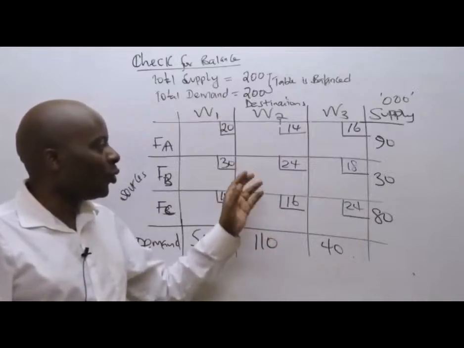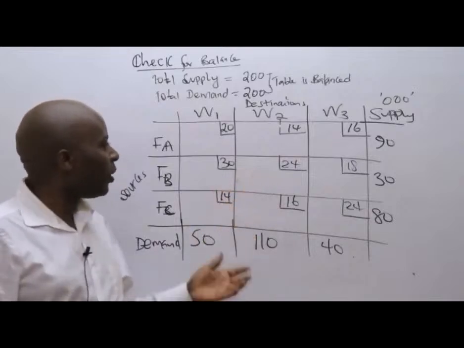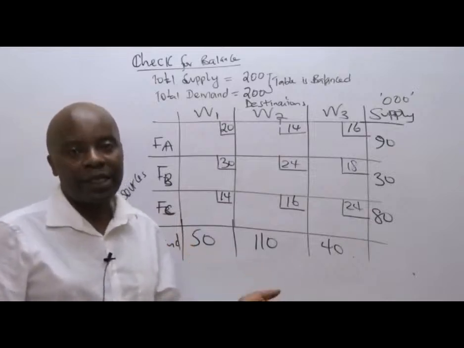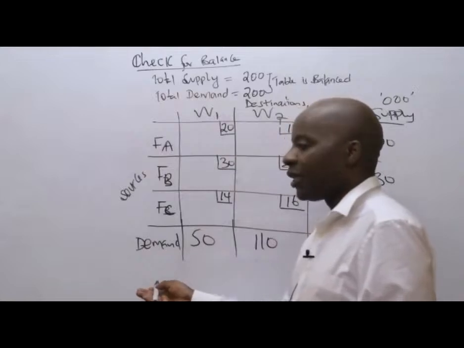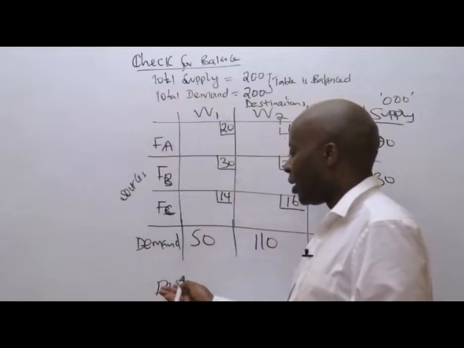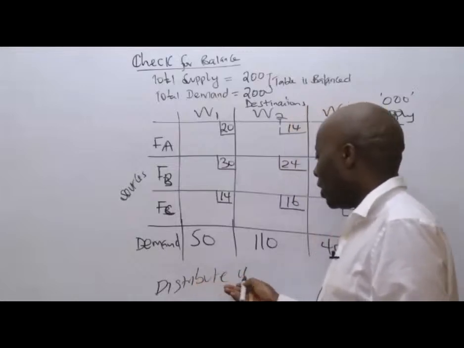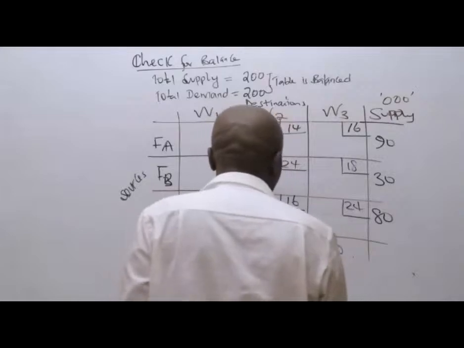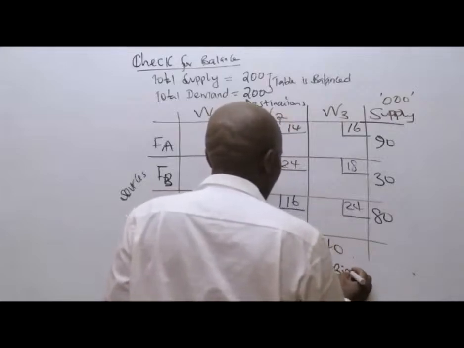So you want to do distribution of the quantities: warehouse 1 should get how many from source B, for example. So the next step, come and distribute units to the big cells.